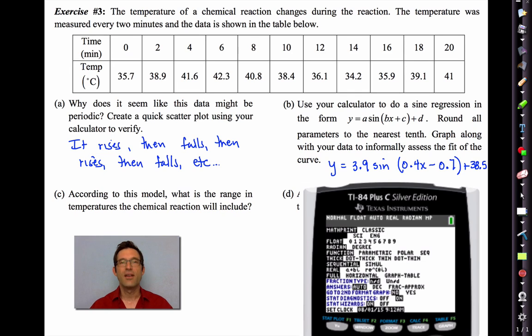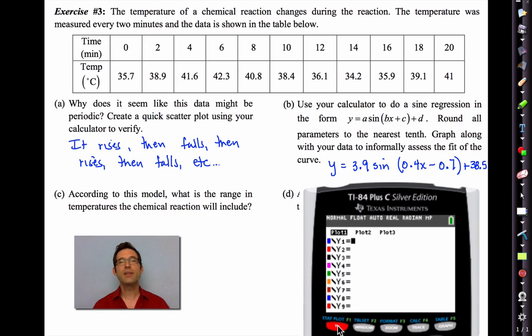All right, now let's go into y equals, not stat plot, but y equals. And let's put that equation in. In y1, let's put in 3.9 times the sine of 0.4x minus 0.7, all of that inside of parentheses, then plus 38.5. All right, got all that?